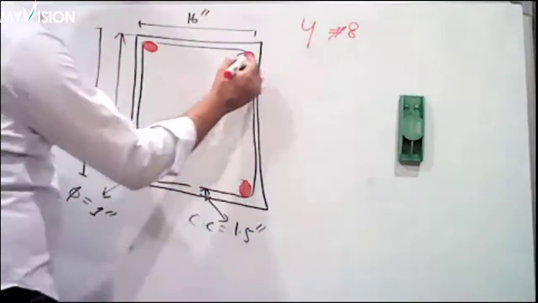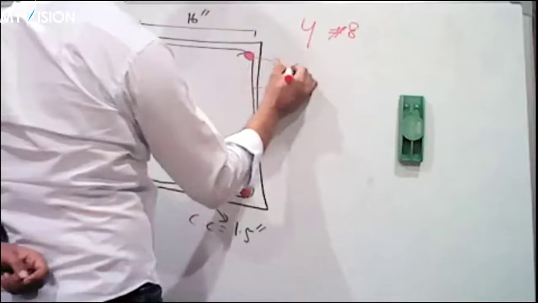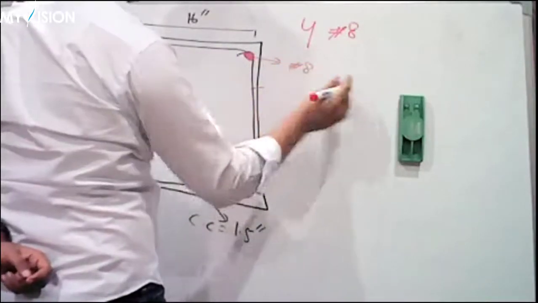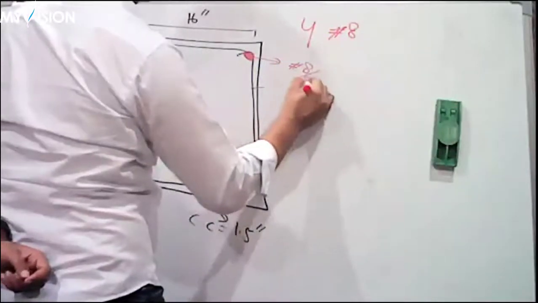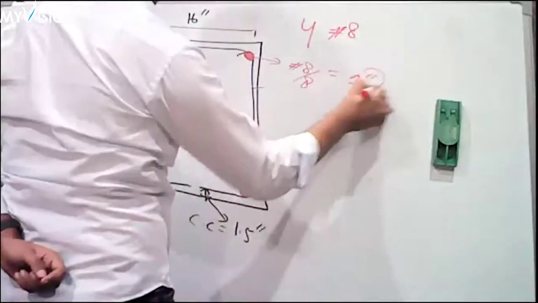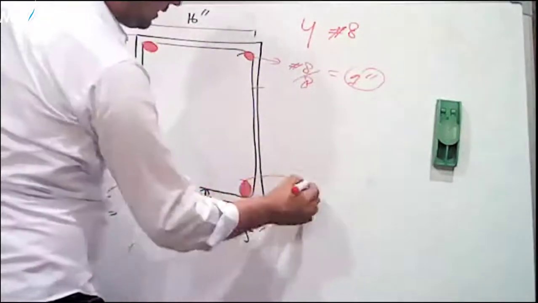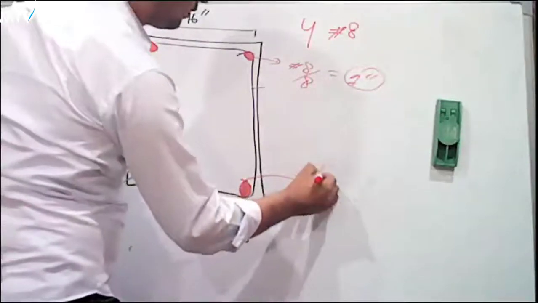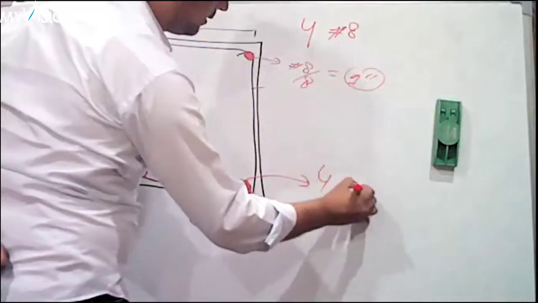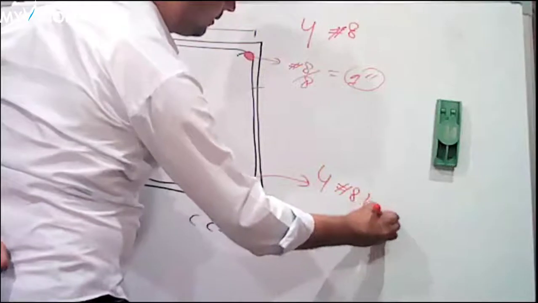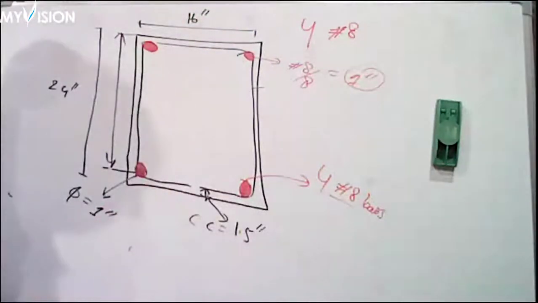The size of this bar is number 8, which is equal to, as I told you, 8 divided by 8 equals 1. So these are 4 number 8 bars, the flexural reinforcement.